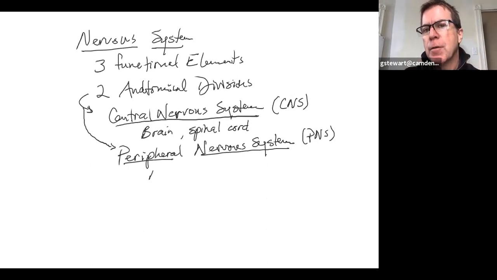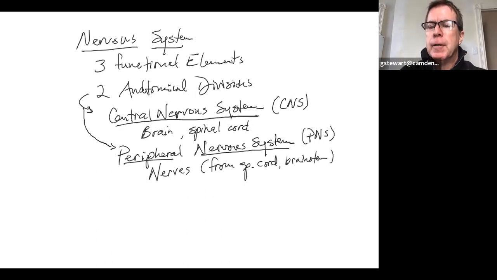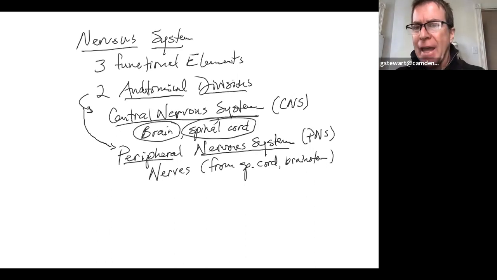So I'm just going to write nerves from the spinal cord and brainstem. So that's the anatomical division: CNS, central nervous system, brain, spinal cord. Peripheral nervous system is basically everything outside of the brain and spinal cord, which are just peripheral nerves.